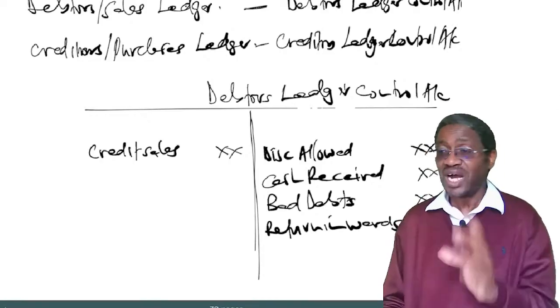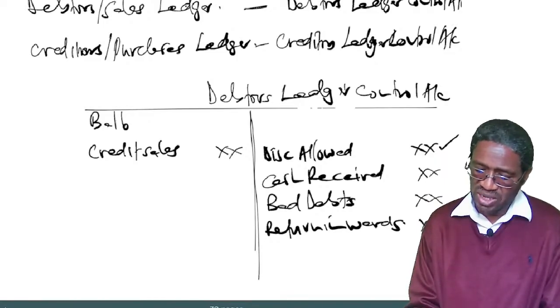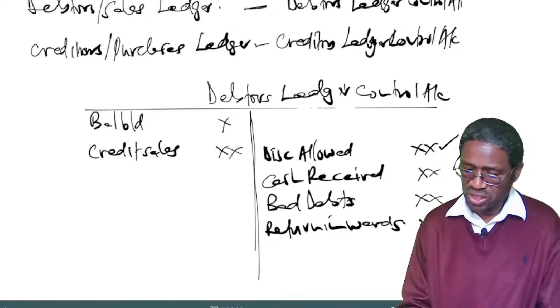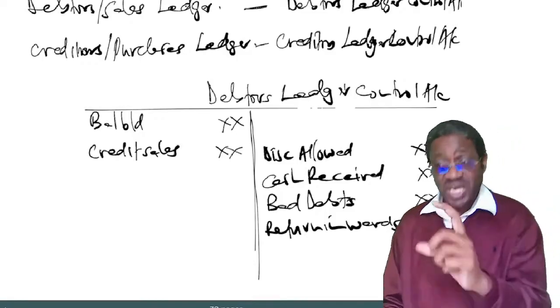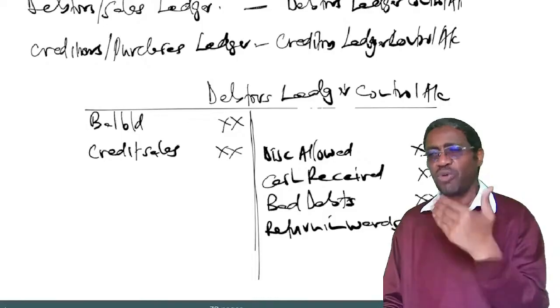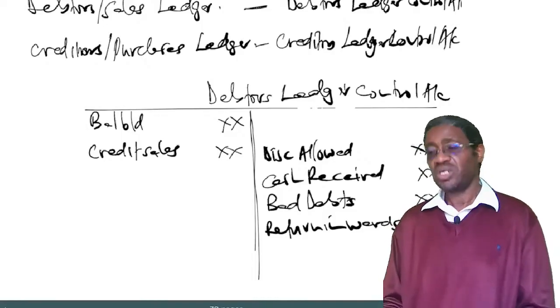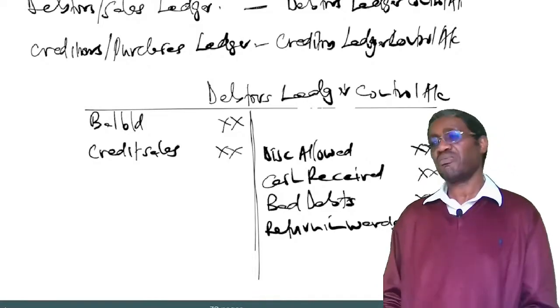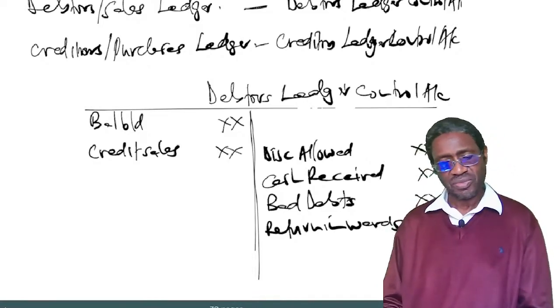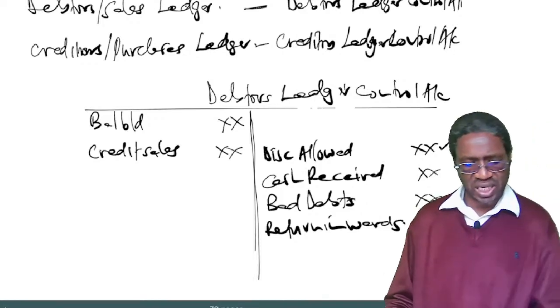Assets are always a debit balance. So by the beginning of the year, you will come and say your balance brought down. Whatever is the balance by the beginning of the year, debtors are an asset. They are people you are demanding from. So they are assets to you. And an asset is always a debit balance. Good. That's another thing that is normally entered in the debtors account.